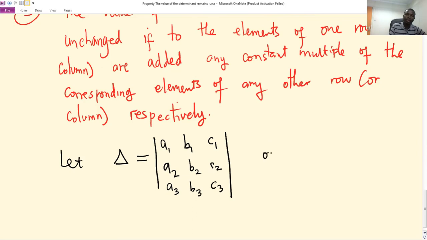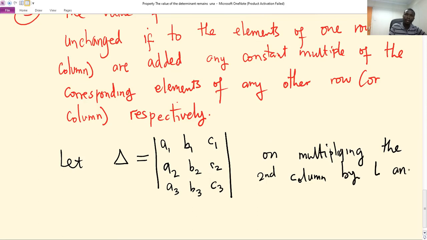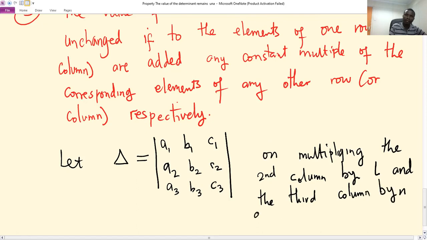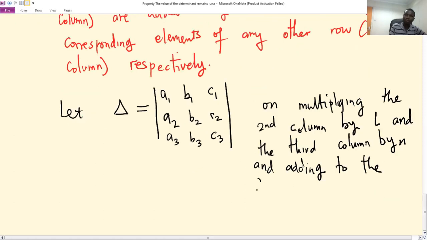and then on multiplying the second column by a scalar L, and the third column by M, and adding to the first column we get, let's call it delta prime.